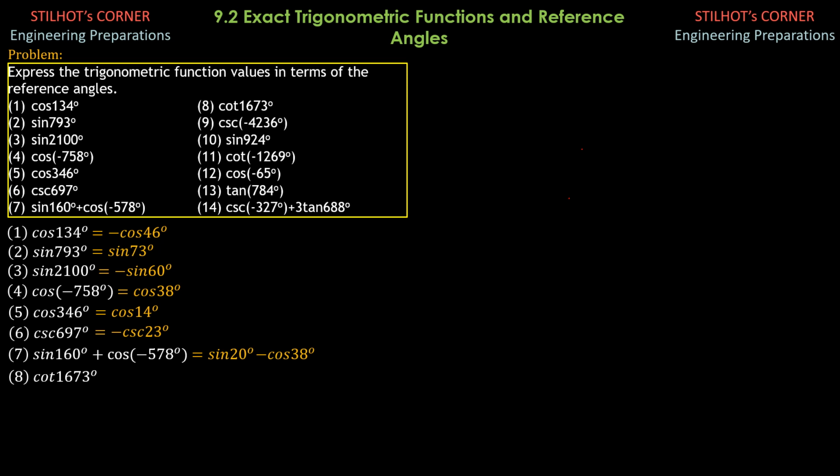Cotangent of 1673. So 4 revolutions. 360 times 4 is 1440, plus 90 is 1530, plus 90 is 1620.